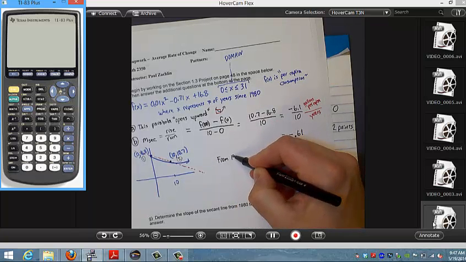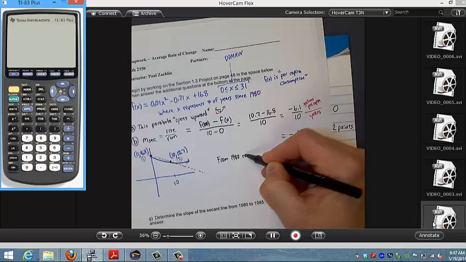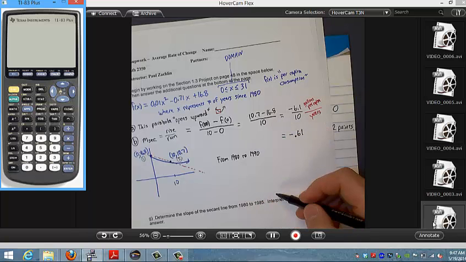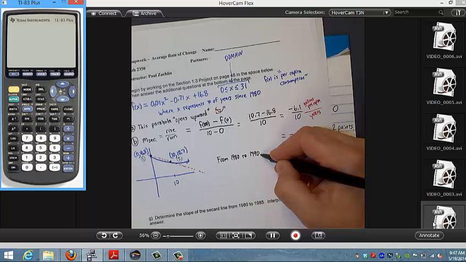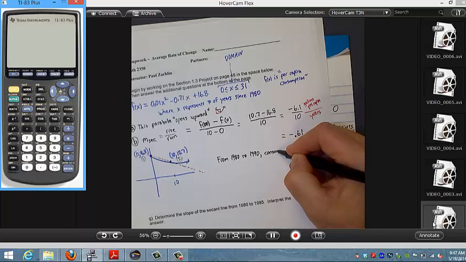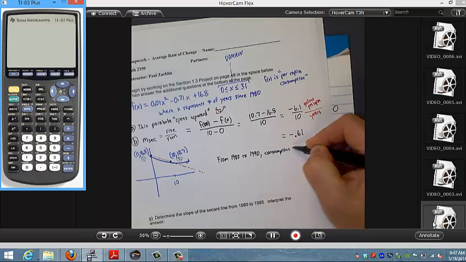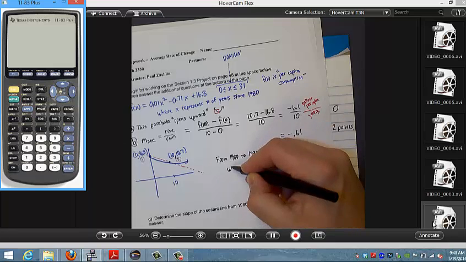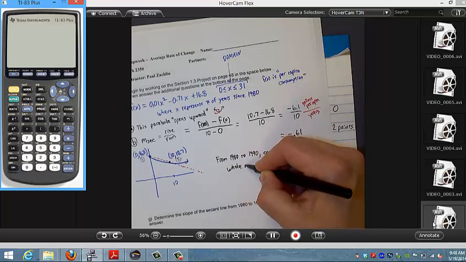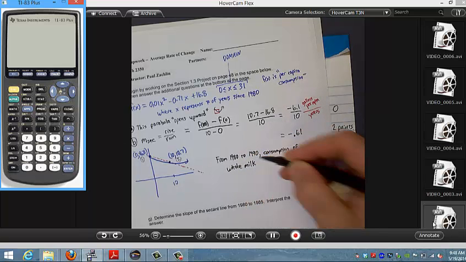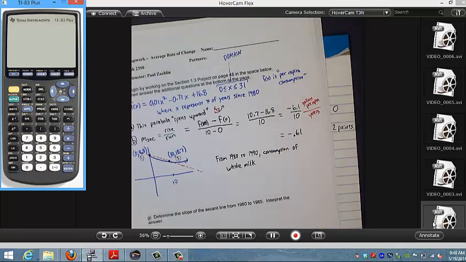From 1980 to 1990, okay, consumption of whole milk, what do you think the next word I'm going to write is? Decreased. How do I know that?